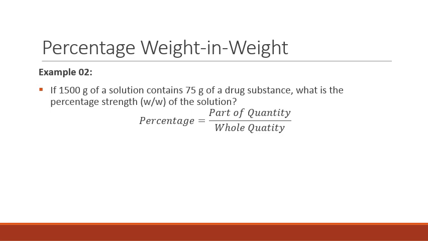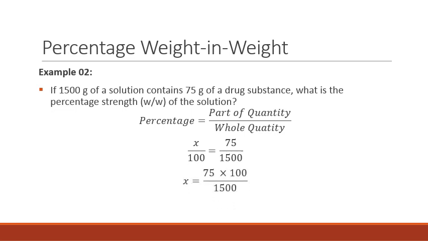So over here the total quantity of the preparation is also mentioned, that is 1500 gram of solution, and the quantity of the active pharmaceutical ingredient or the drug substance is also mentioned, that is 75 gram. So we will put these values into the equation. As we are calculating the percentage or part per 100, x upon 100 will be equal to 75 divided by 1500, that is the total quantity of preparation.